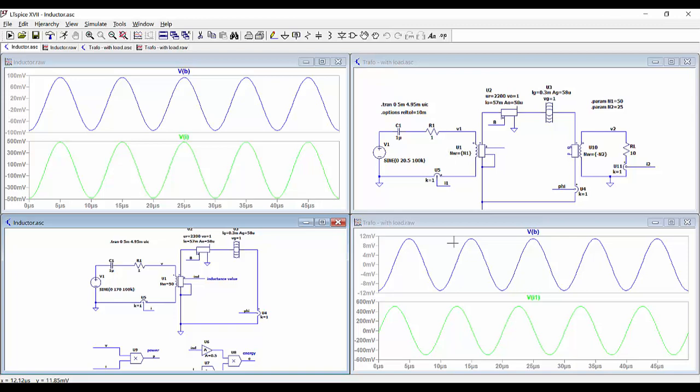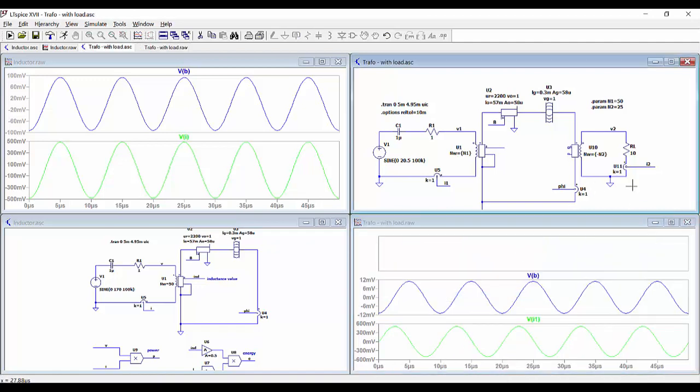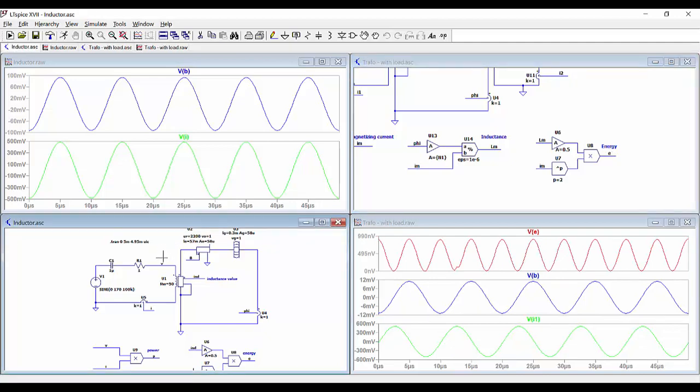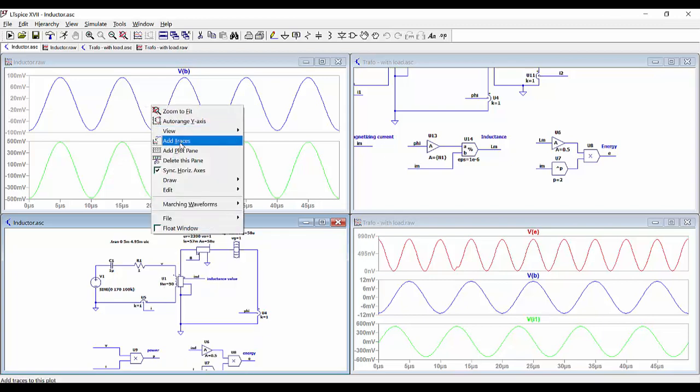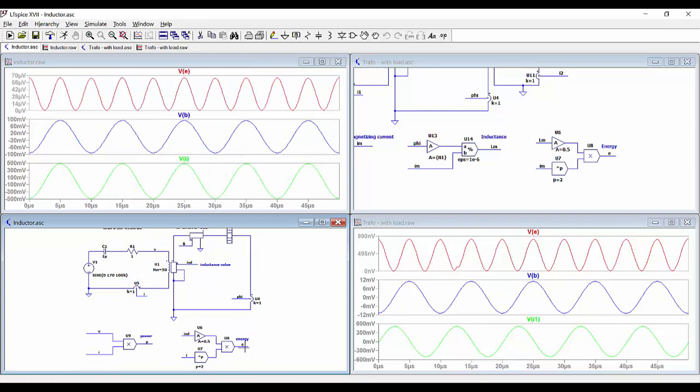So finally, we can add another pane and measure the energy that we have in the transformer, and do the same in the case of the inductor. We add another pane and measure the energy.